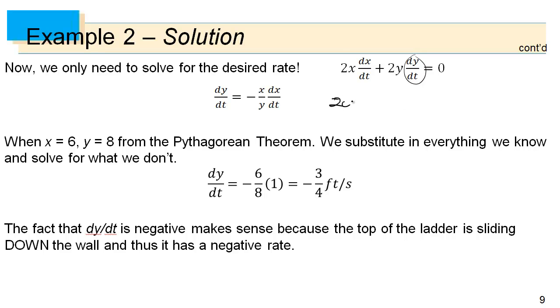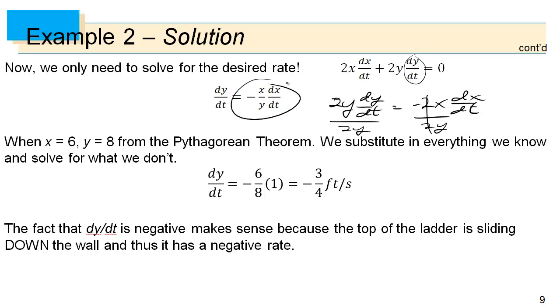You get 2y dy/dt equals negative 2x dx/dt. Then you divide both sides by 2y. That's where the 2s cancel, and that's where you get negative x over y times dx/dt. But you don't need to do that because you can just plug in everything that you know and solve for what you don't.